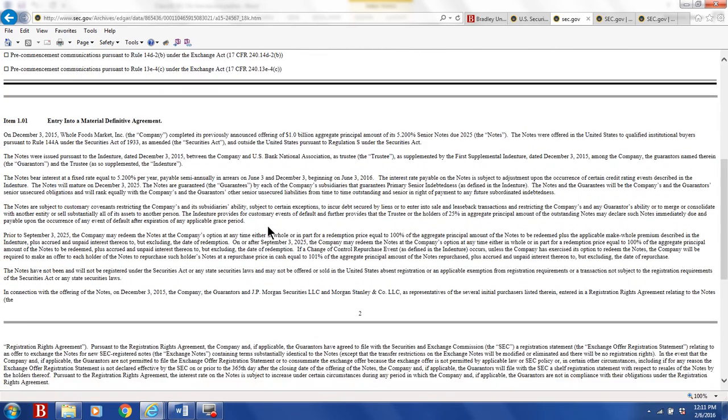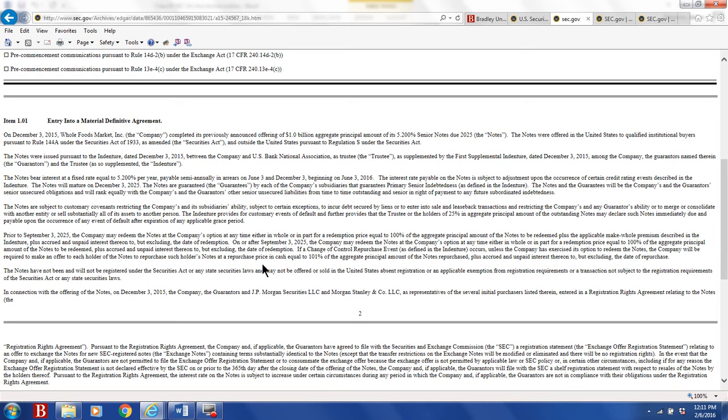So if we just look at one of these, in the first one here, it talks about the fact that Whole Foods has entered into a situation where they borrowed $1 billion. They issued notes paying 5.2%, and the rest of the 8K document gives some information about those notes.